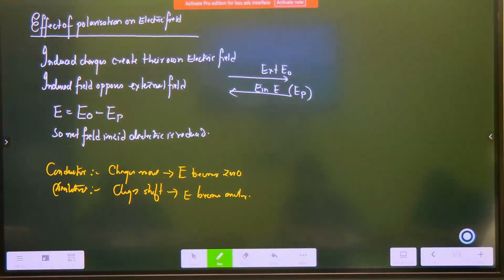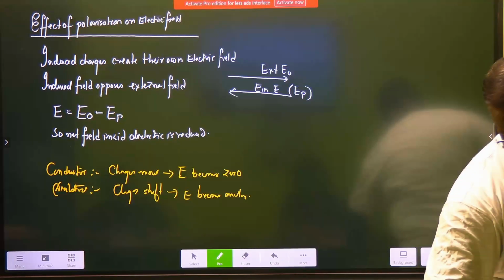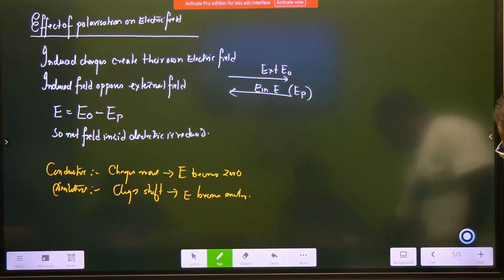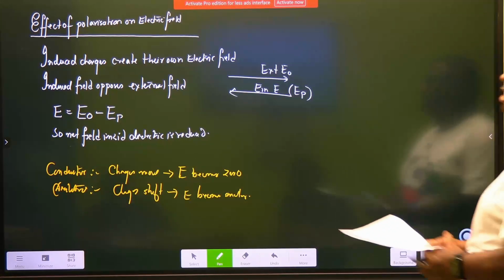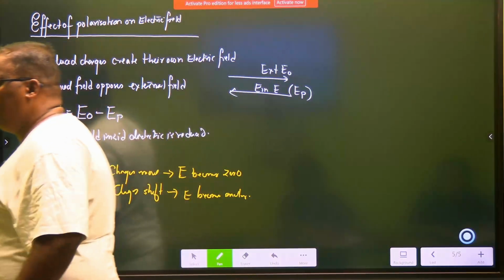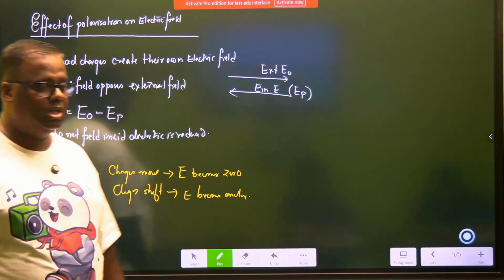So if you have a conductor, it has a lot of free electrons in it. As a result, the electrons are free to move, they redistribute, and the net electric field becomes 0. But if you compare it with a dielectric, the charges are not free to move, they just shift. In a dielectric, when an external electric field is applied, dipoles are created, the dipoles align themselves.